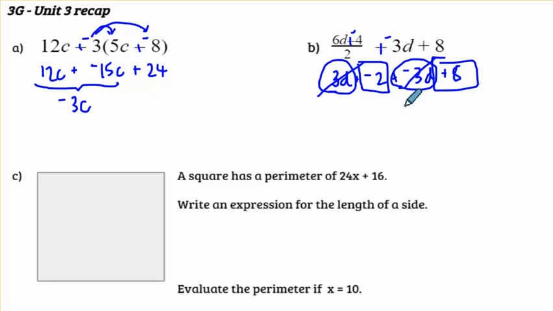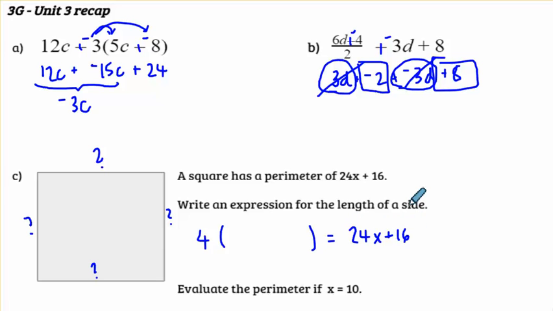All right, moving down here, we have a square with the entire perimeter is 24x plus 16. And we want to know the length of one side. Well, because it's a square, we know that all 4 sides have to be exactly the same. And so we're basically saying we can take 4 and multiply it by something to get the perimeter of 24x plus 16.